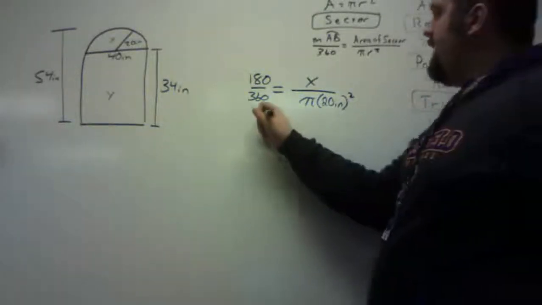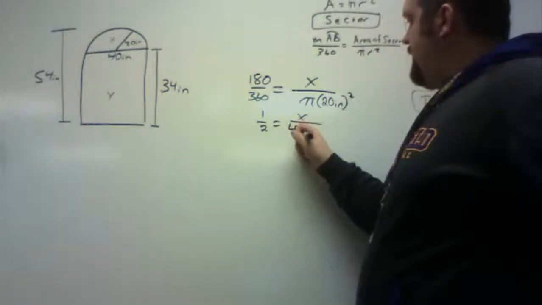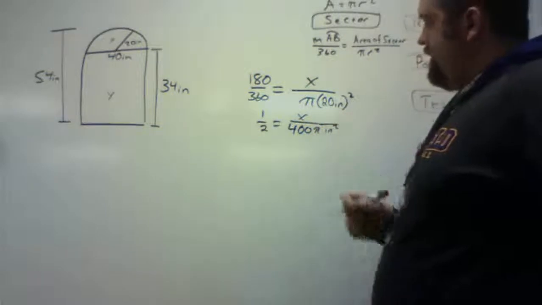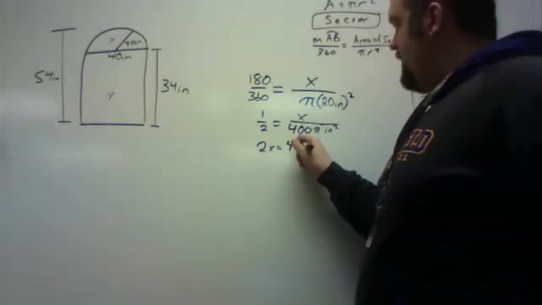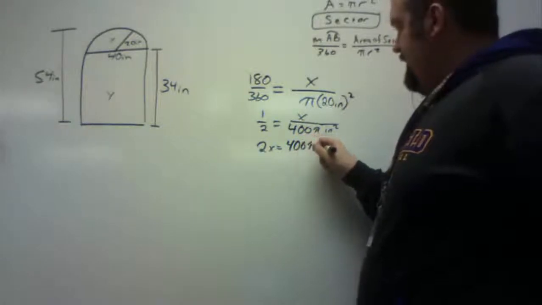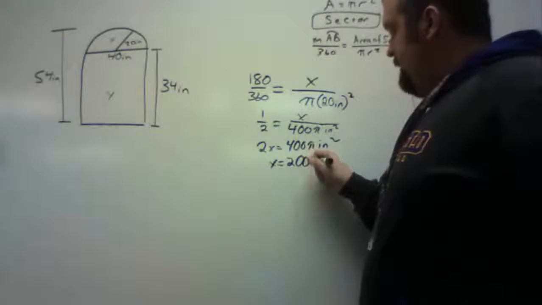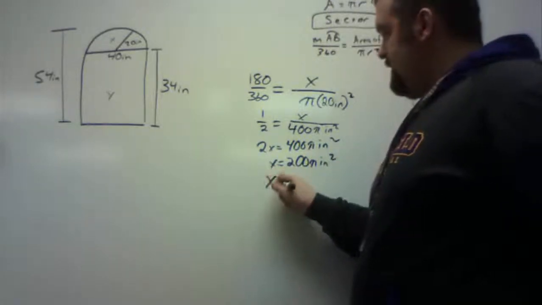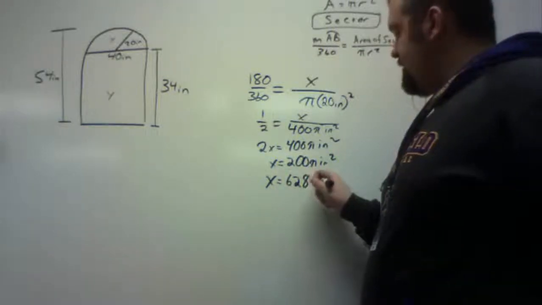Do some simplifying. 1/2 equals X over 400 pi inches squared. Cross multiply. 2x is equal to 400 pi inches squared. So X is 200 pi inches squared. And I think it would make sense here to plug it into the calculator. 628 inches squared.